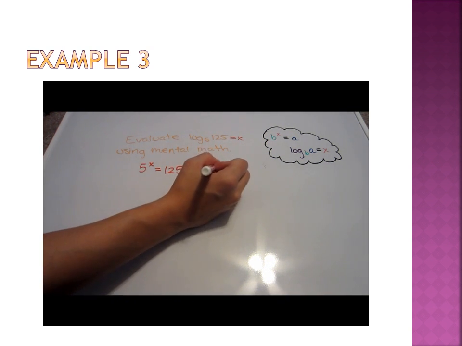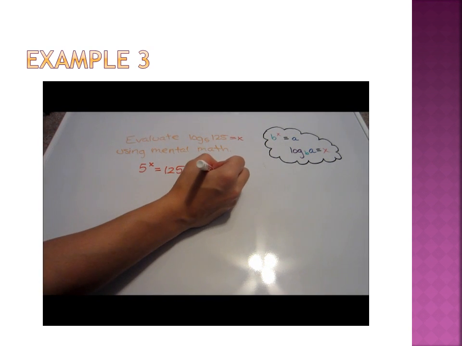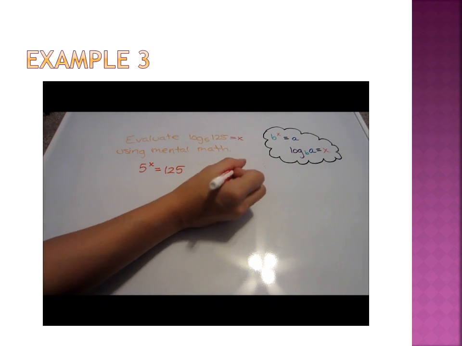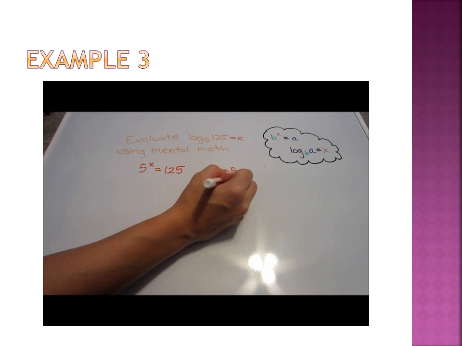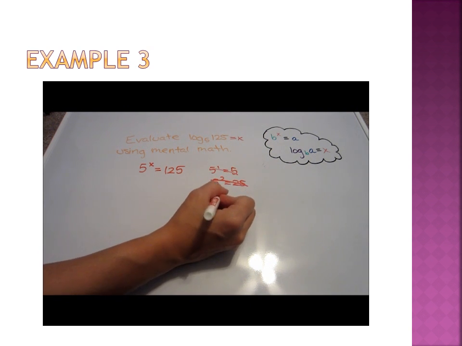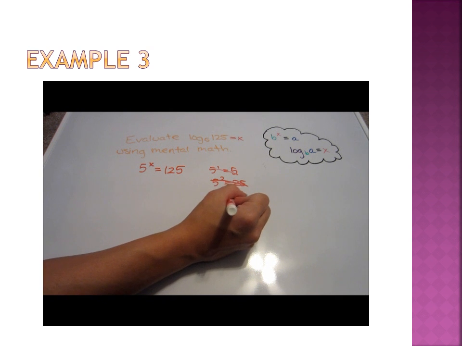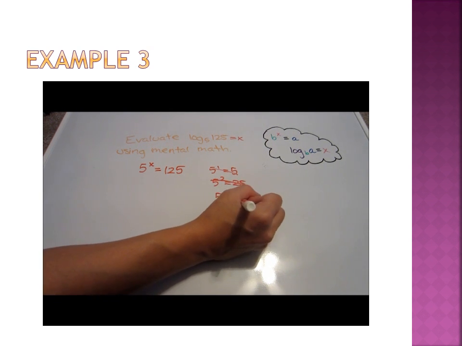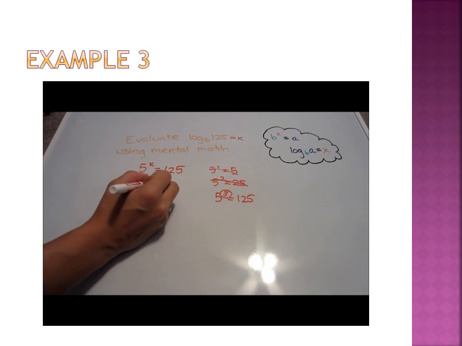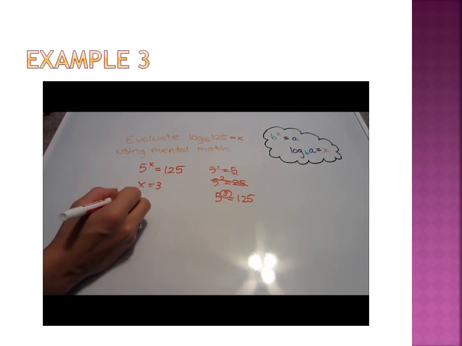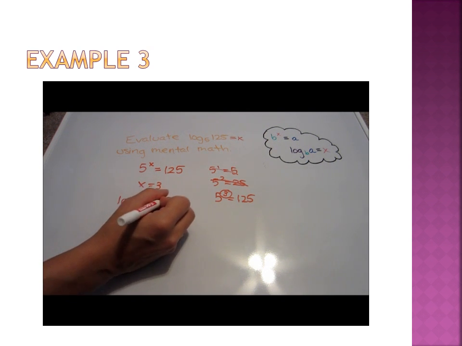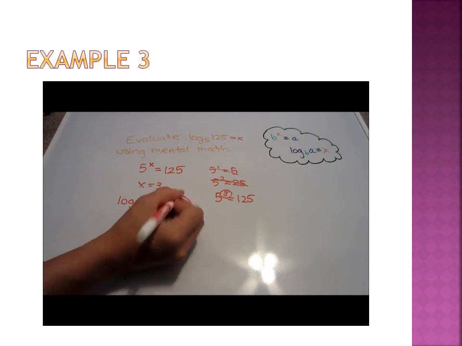We can try 5 to the first. 5 to the first is 5, so it's not going to be 1. 5 squared is 25, so it's not going to be 2. 5 to the third is 25 times 5, which is 125. So our exponent, our x, is 3. So the log base 5 of 125 is equal to 3.